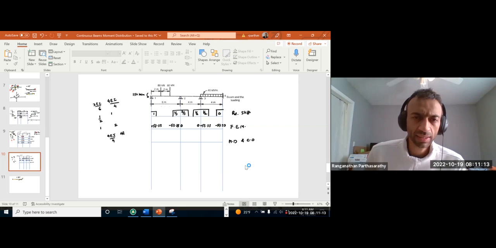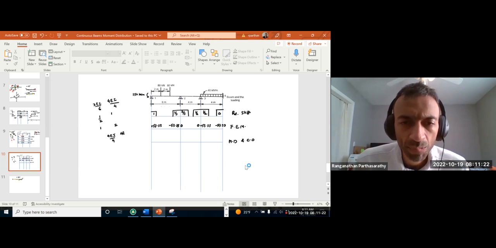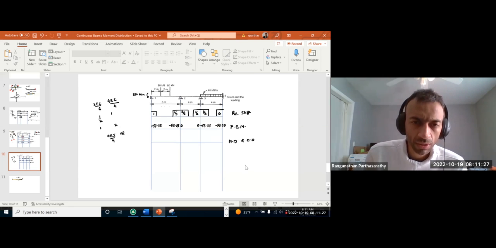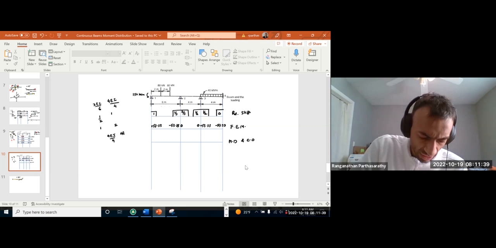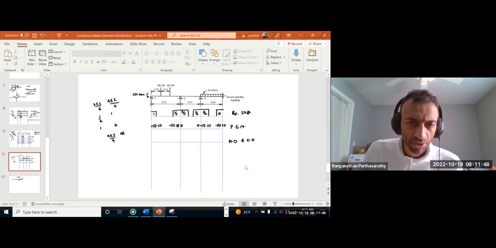So at this location we have a negative 150 and positive 53.33. So the net is negative 96.67. So we need to apply here positive 96.67.